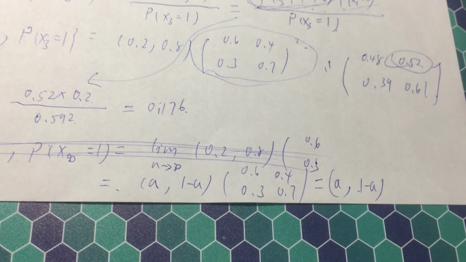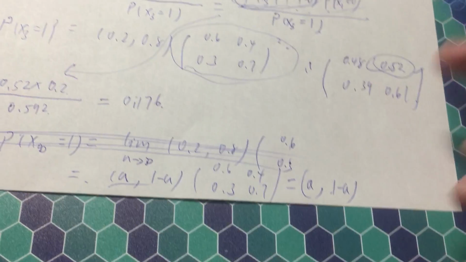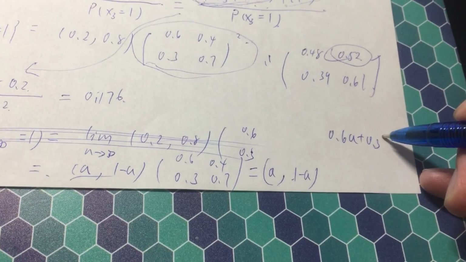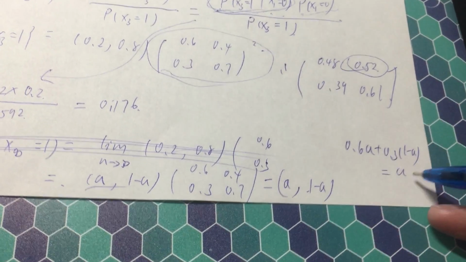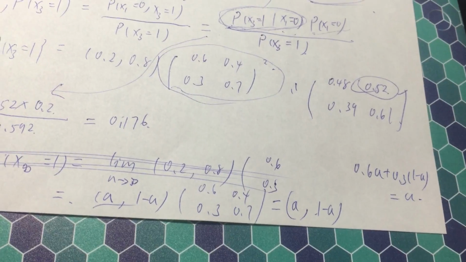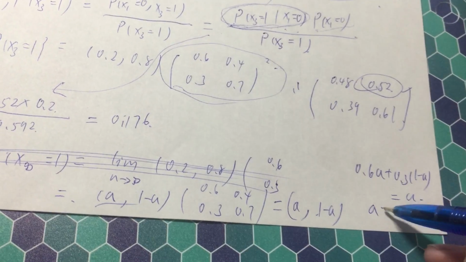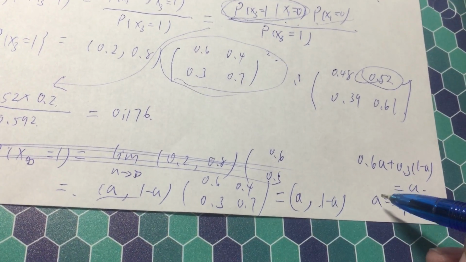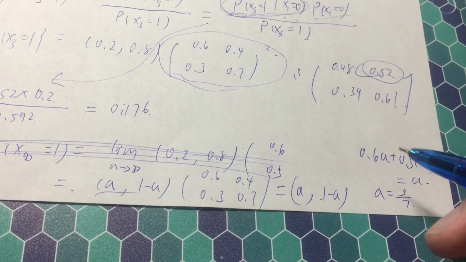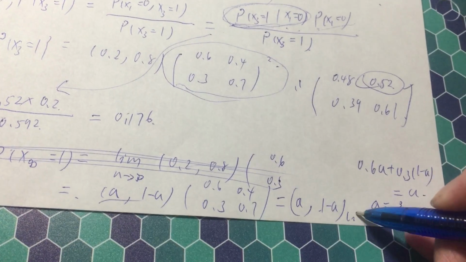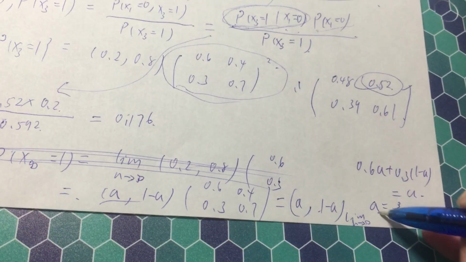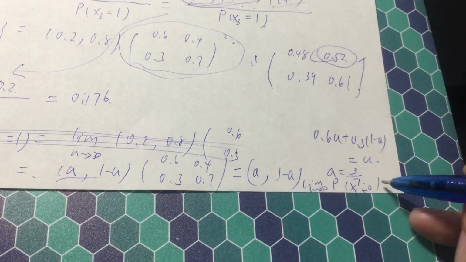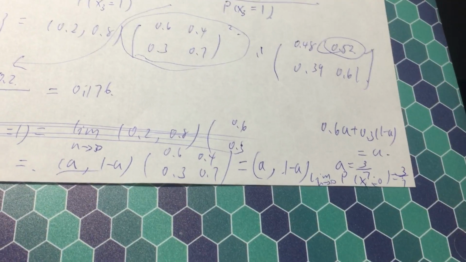So we can calculate the equation from that, equals a, and so the consequence is a equals 3/7. So the final consequence is the limit. So it's over.